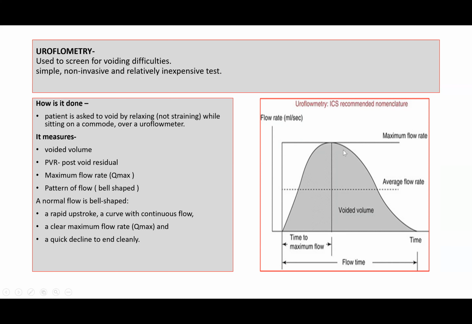What happens here is that when the patient is asked to void, there will be a rapid upstroke, and then a curve with a continuous flow. We will see the Qmax here, the maximum flow rate, and then there will be a quick decline, and here the voiding finishes. So the curve is like this, the bell-shaped curve.